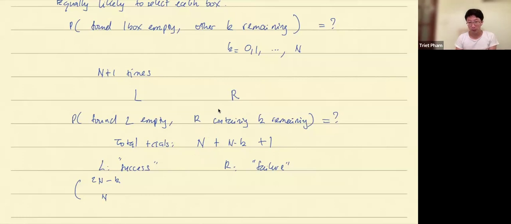Agree? And then the remaining part is easy because it's 1/2 each. So it's 1/2 raised to the total number of trials, which is 2n minus k plus 1. That's all there is.